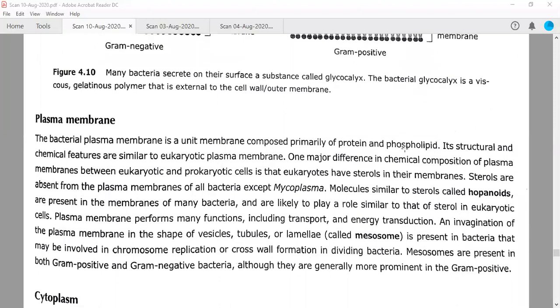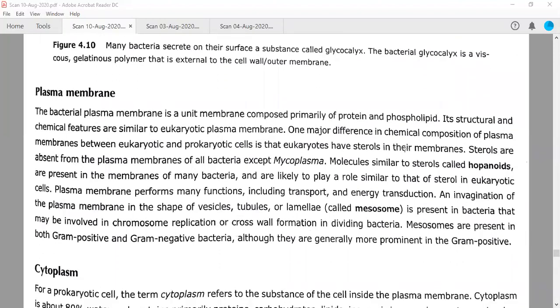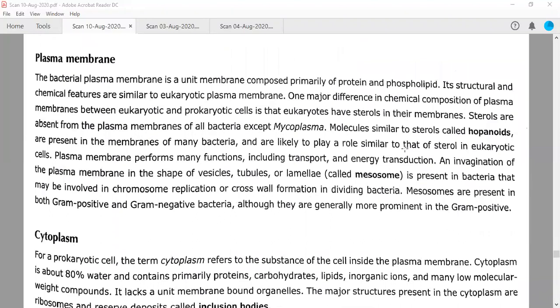Plasma membrane, most of you know. The plasma membrane is made up of primarily proteins and phospholipids.